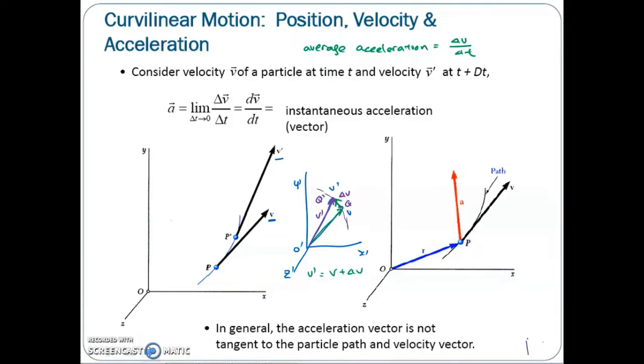It can be represented by the vector a, as you can see here. So it equals the limit, as delta t approaches 0, of the average acceleration delta v over delta t. It can also be rewritten as dv dt, which we are more familiar with.